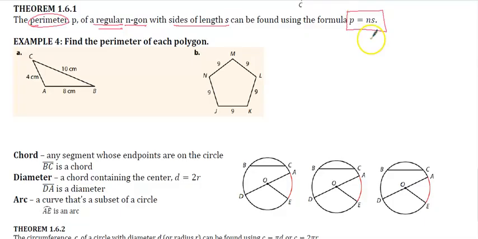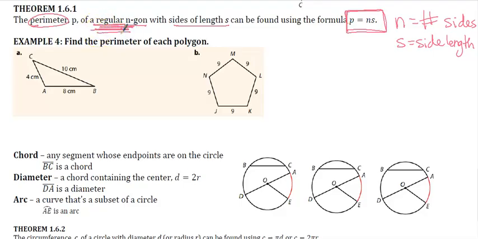Notice N equals the number of sides, and S equals the side length. This formula will always, always work for the perimeter of a regular n-gon. And hopefully you recognize, P stands for perimeter.